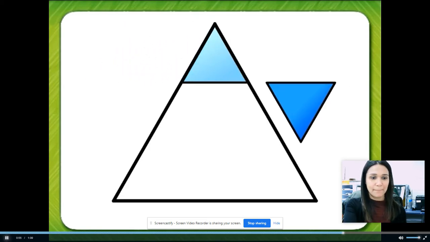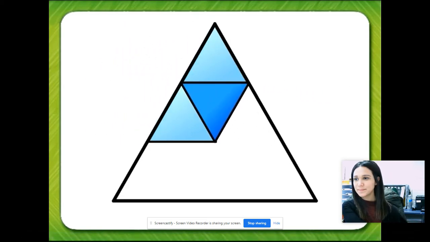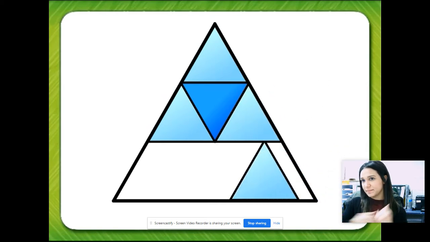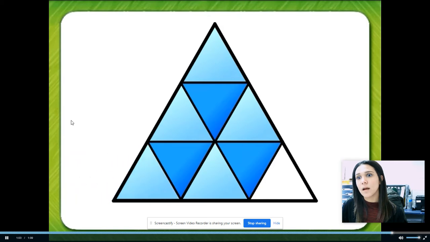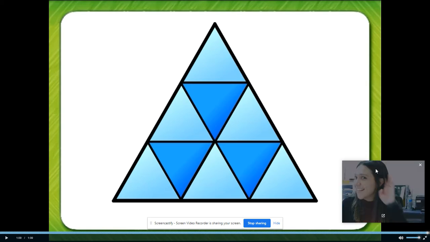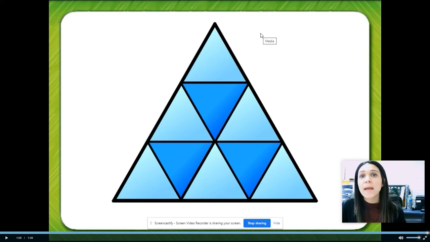Watch how these 9 small triangles fit into this one large triangle. Boys and girls, echo me, composite. This is a composite shape because we took small triangles to make what? One big triangle. Well done.